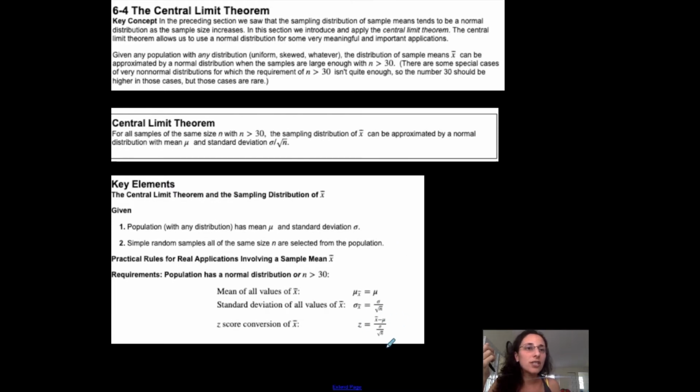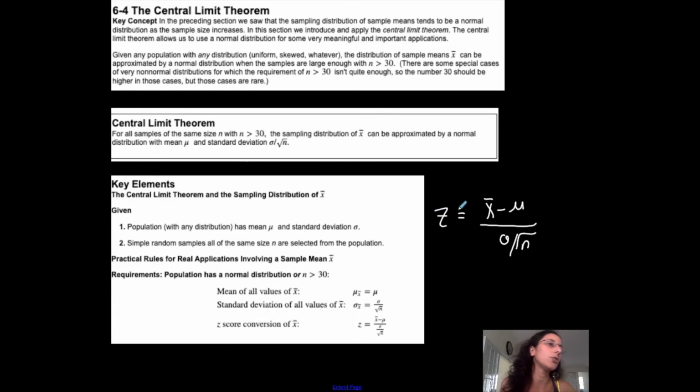Here though, you see your z, if you can't see it, let me write it. Your z-score calculation is now x bar minus mu over sigma over the square root of n. This has a slight change to it, which your calculator doesn't automatically do, which means that you are going to have to go through this to standardize your situation so that you can use the methods that you're used to, such as normal CDF and inverse norm.